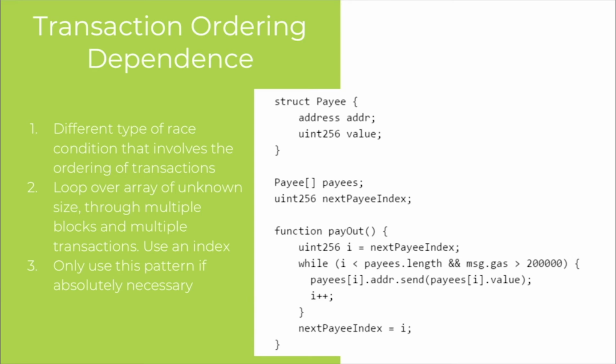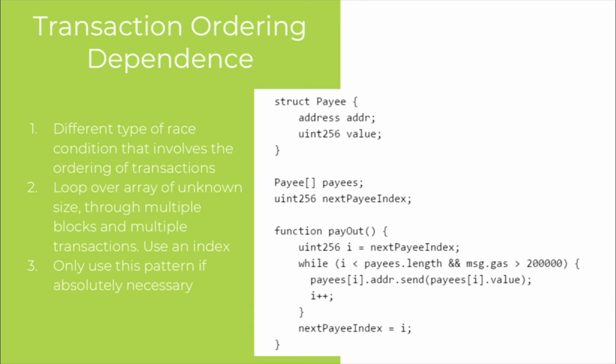If you absolutely must go through multiple transactions, when you loop over an array of unknown size and you think it will take multiple transactions across multiple blocks, you use an index, like in this example. The index keeps track of the last user that you stopped at in the previous transaction, and then you can resume using that index.